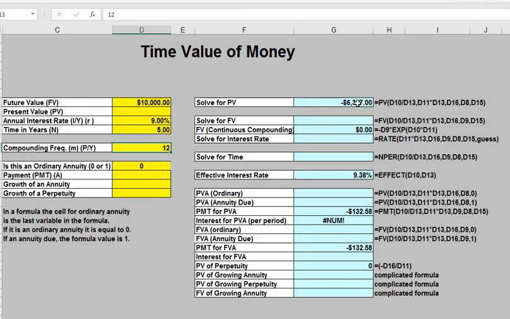So in this case, the value is going to change to reflect that we're going to invest this $63.87, and it's going to compound monthly at 9% to get to that $10,000. So that is the basics of time value of money, looking at present value.